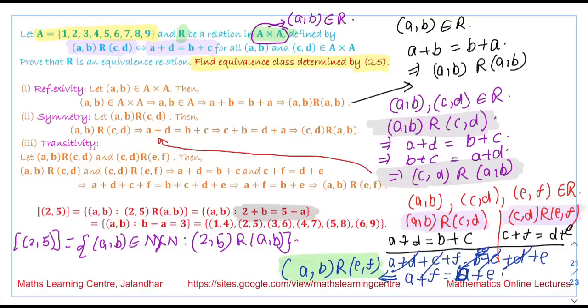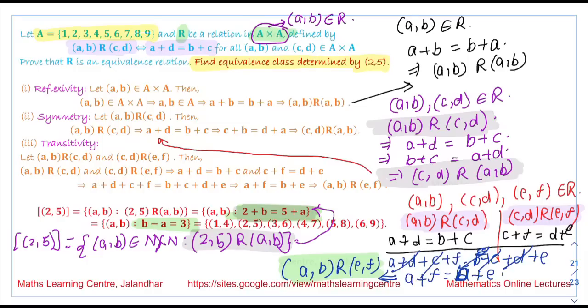That 2 comma 5 is related to A comma B means that 2 plus B is equal to 5 plus A. And this implies that B minus A is equal to 3.